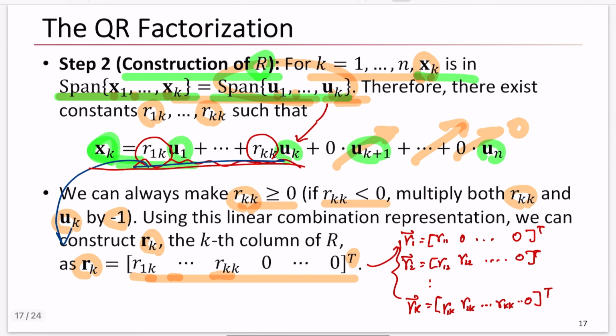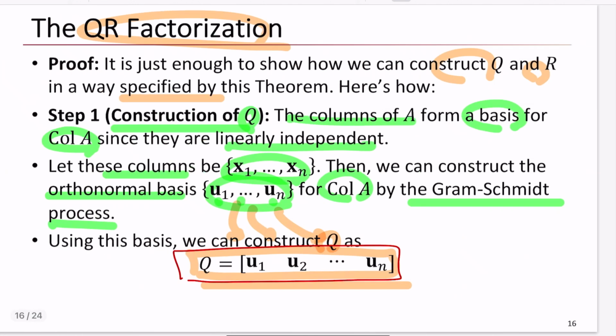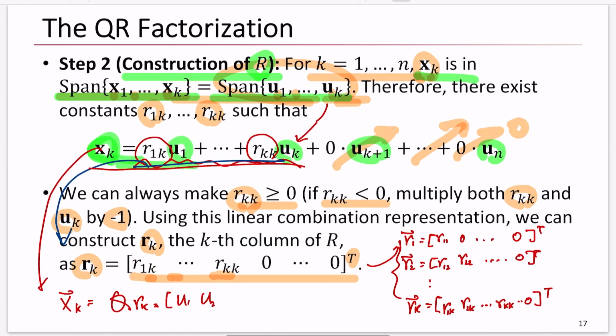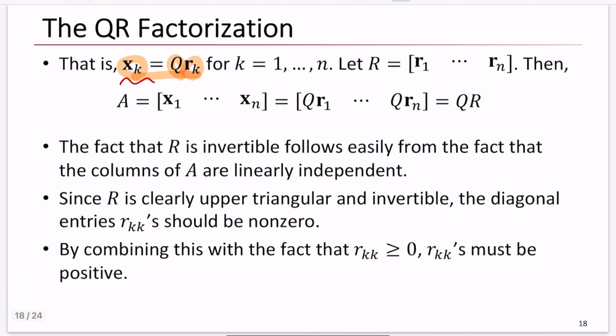So it means that here xk is going to be Q times rk, because Q is u1, u2, up to un times rk, which was like this. So xk is equal to Q rk, for k from 1 to n.